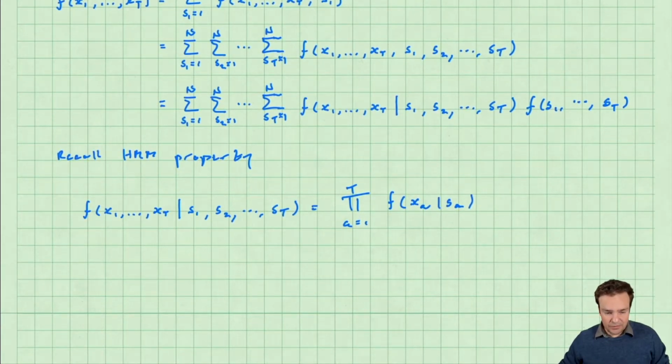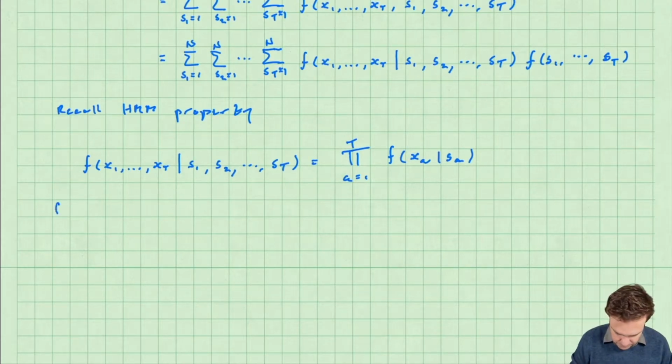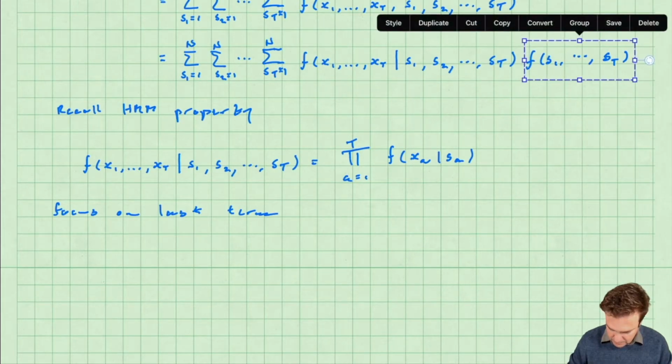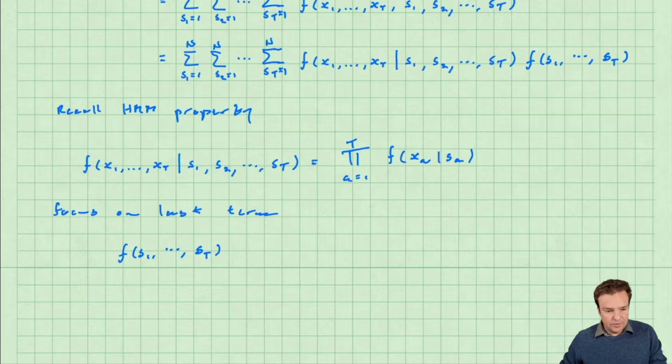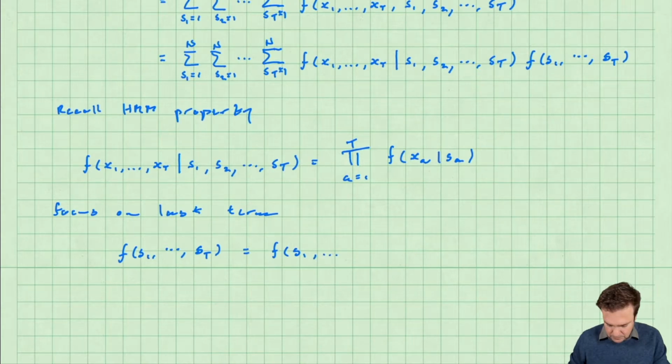The next thing, now focus on the last term. Let's go grab it, this guy here. The first thing I'm going to do is rewrite it using conditional probabilities again, going up to t minus 1 here.